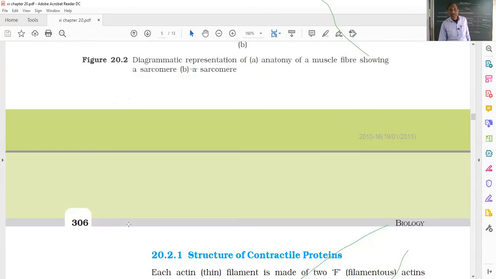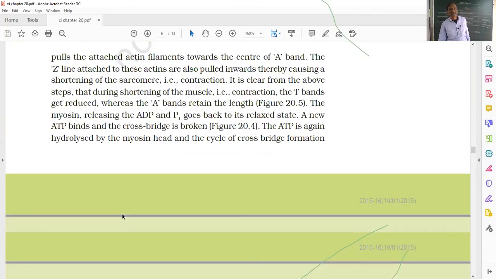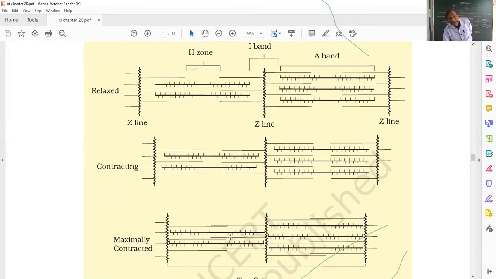If you see this diagram, this is one Z line, another Z line, another Z line. So three Z lines are there. And the actin and myosin are overlapping here. When the muscle contracts, the region of overlapping increases. Further, if it contracts, the region of overlapping increases even more. So the H zone is more here, less here, least here.